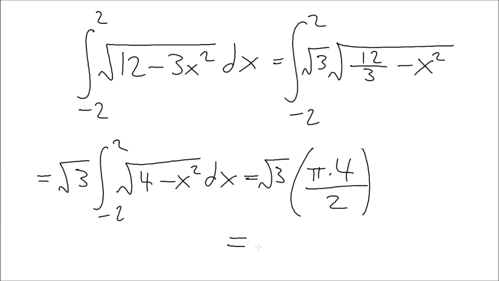So our answer is 2 root 3 pi. Okay, this is what an integration B problem would look like. So instead of using a long trig substitution, we can just dive into the area of a partial circle. Awesome.